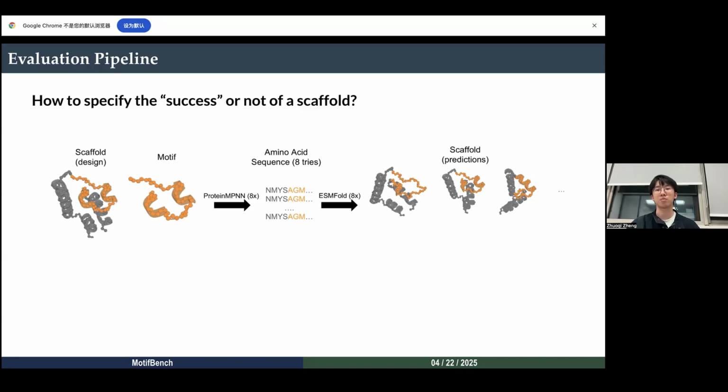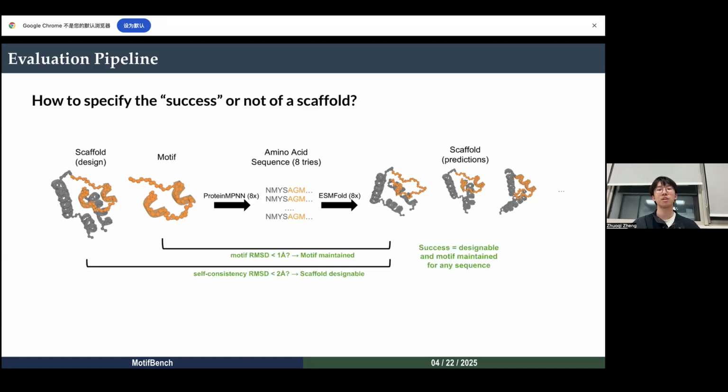After we get these predictions, how do we measure whether a scaffold is a success or not? We look at it from two perspectives. The first one is motif reconstruction, where we aim to resolve whether the generated structure's motif and the reference motif are close to each other. We set the threshold as 1.0 angstrom here.